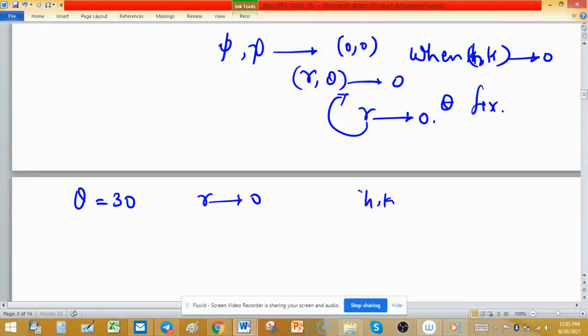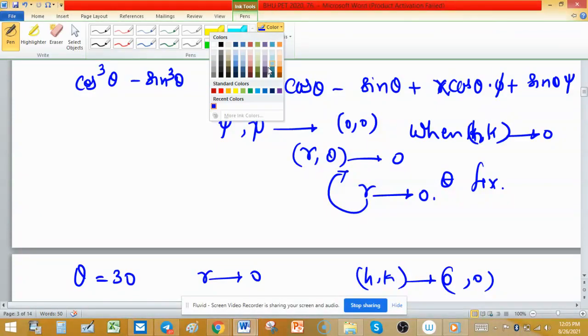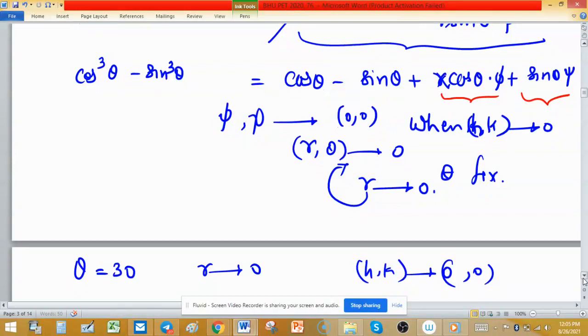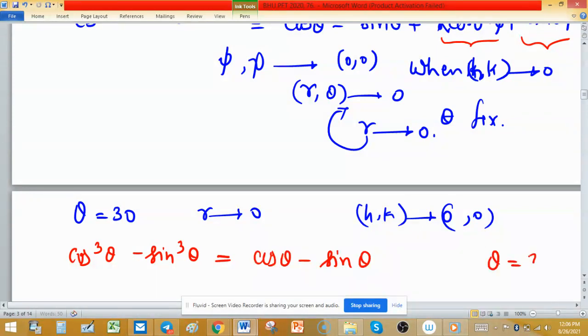Then (h, k) will go to (0, 0). It means this quantity, as I marked in red, phi and psi will go to 0. So the left quantity we have is cos cube theta minus sin cube theta, equal to cos theta minus sin theta, and the value of theta is 30.